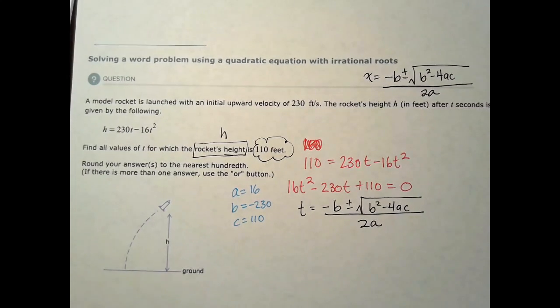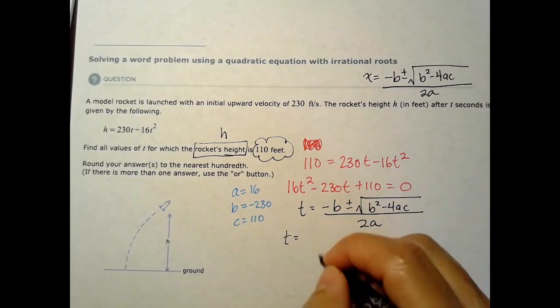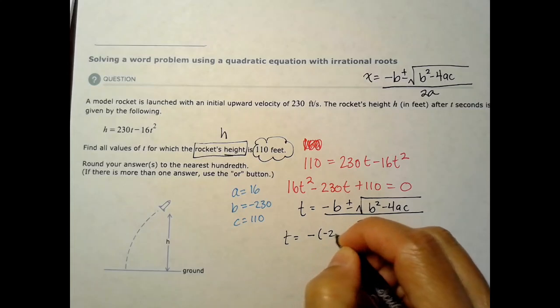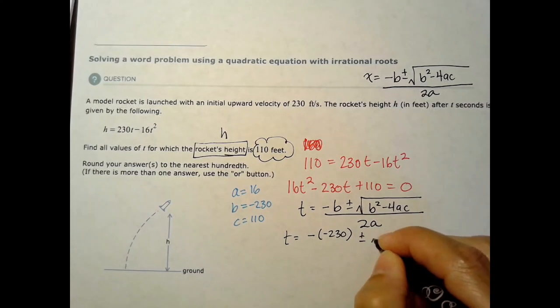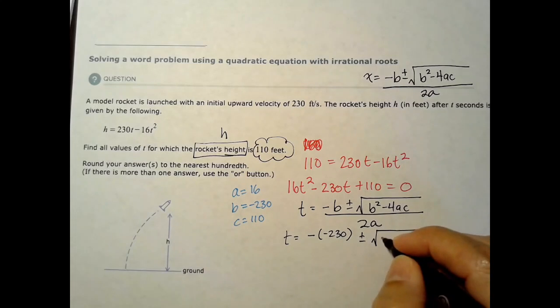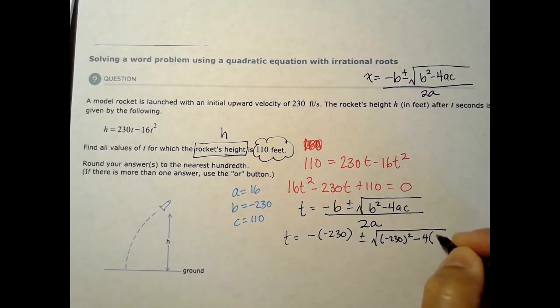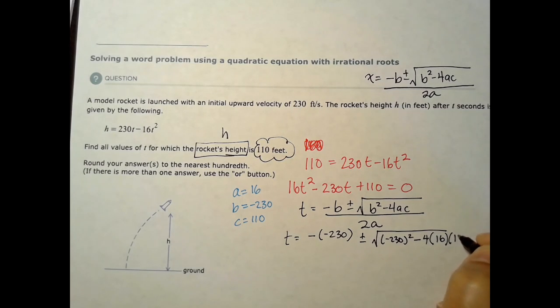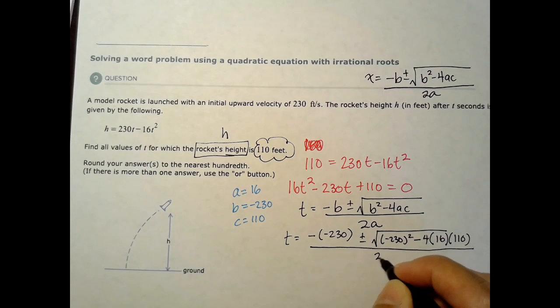So now I plug those values in. My time is going to be equal to negative 230, because b was negative, plus or minus the square root of negative 230 squared minus 4 times 16 times 110, and that's going to be over 2 times 16.